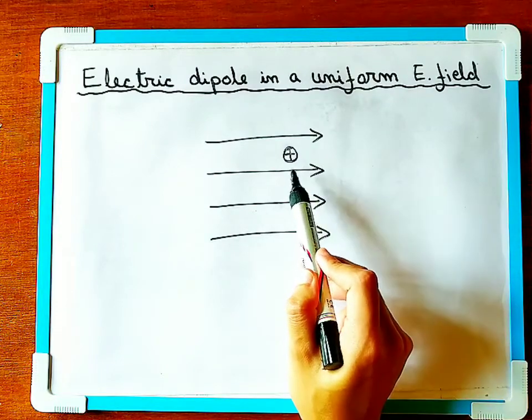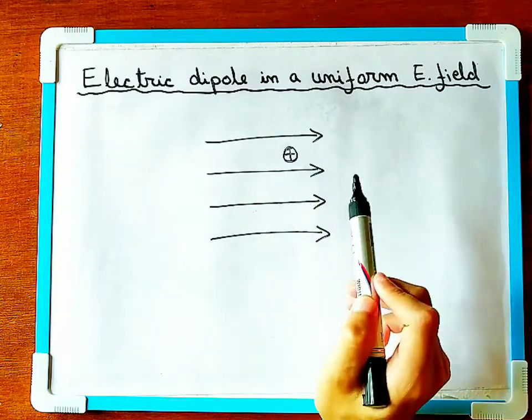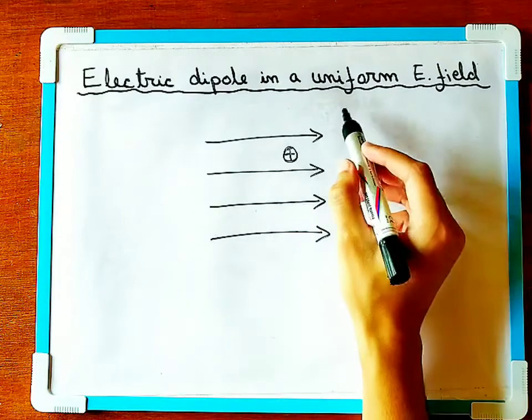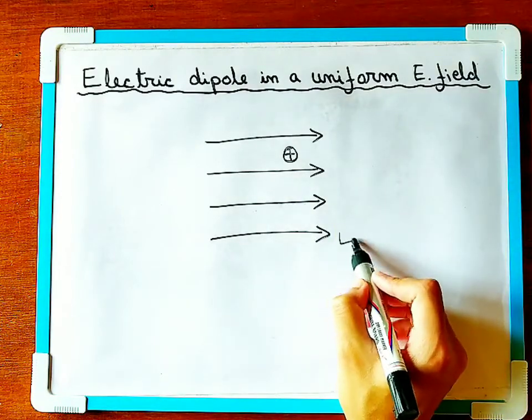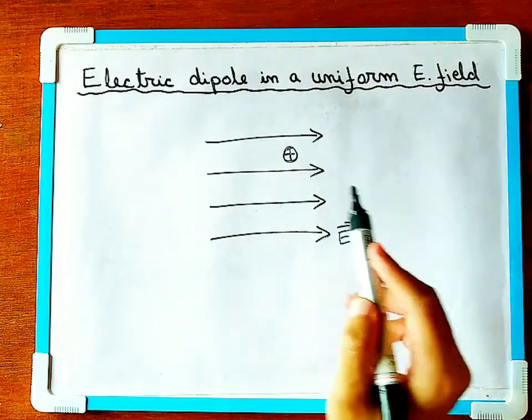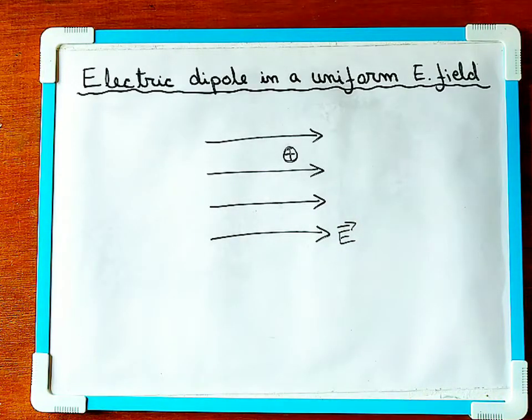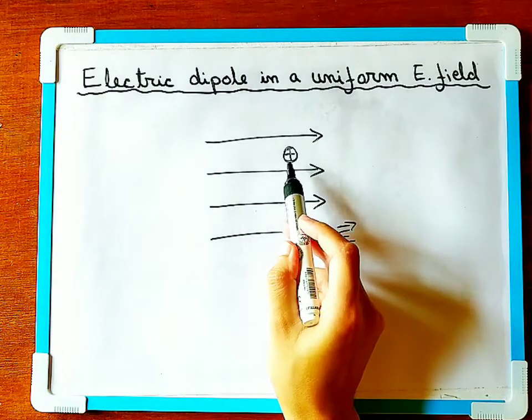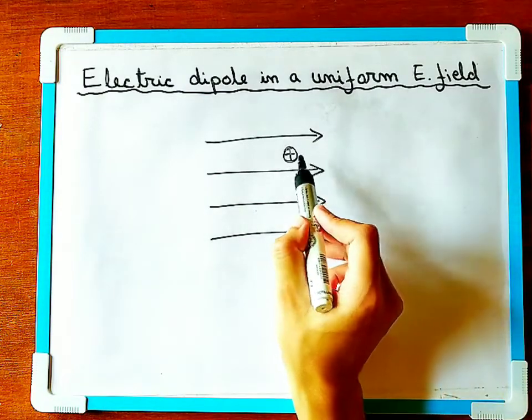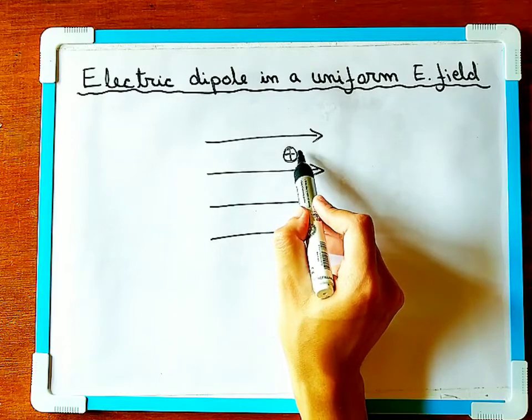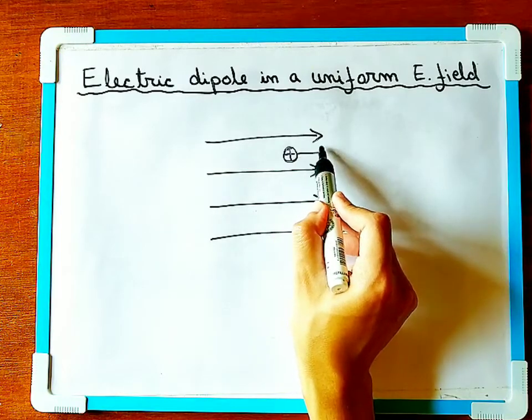Since this positive charge is placed inside this electric field, say E, this positive charge will experience a force. So if a charge is placed inside an electric field, it will experience a force, and since this is a positive charge, the force experienced by it will be in this direction.